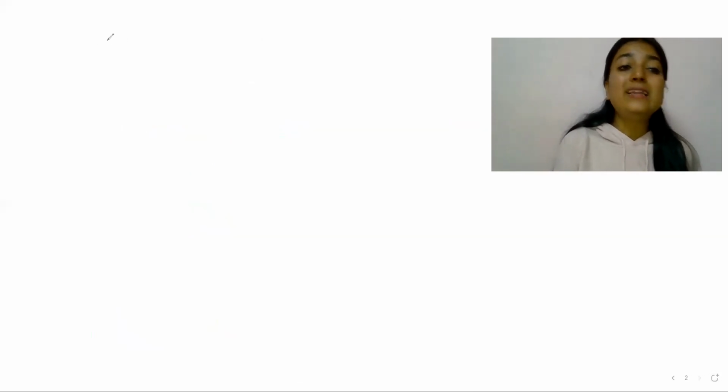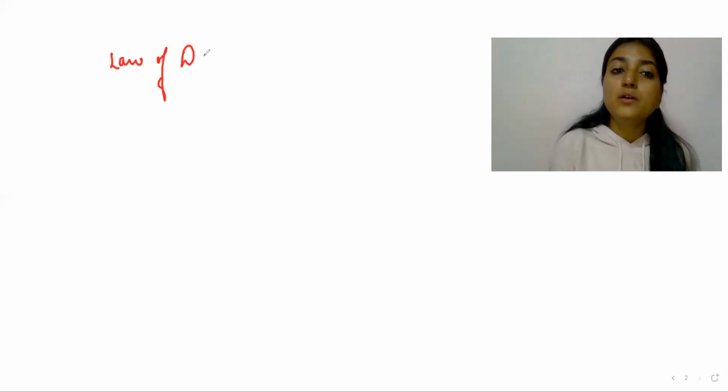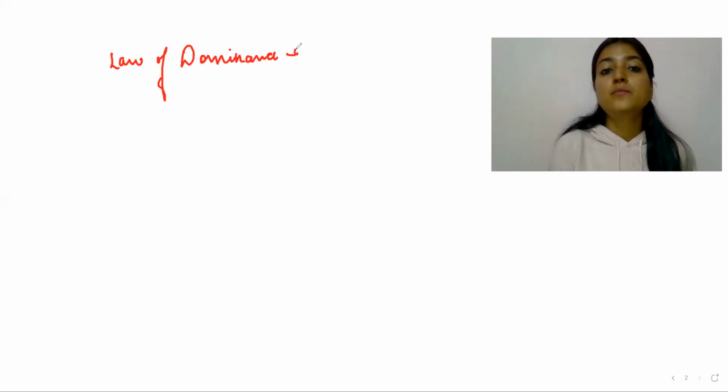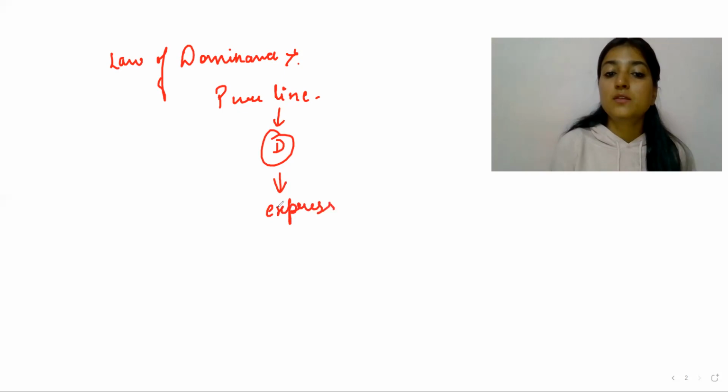In incomplete dominance, you can understand from the term itself. First let me tell you about the law of dominance. If you remember, Mendel told that whenever we start with pure lines, it is the dominant which expresses itself.